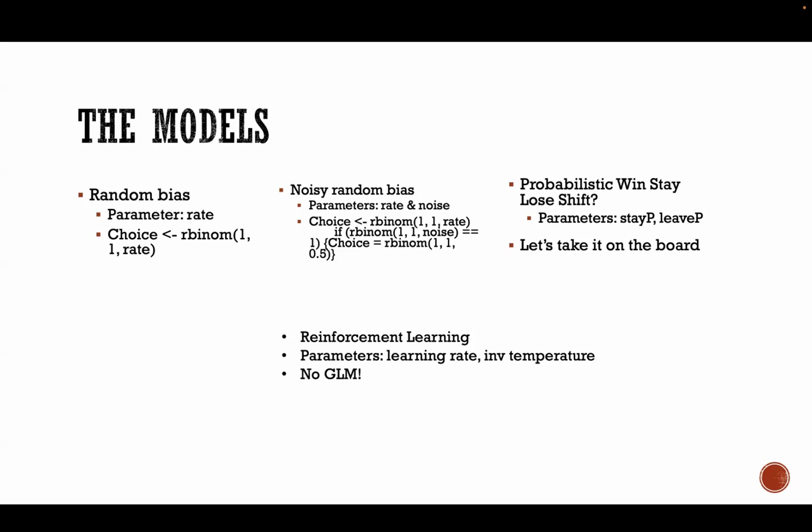But in reinforcement learning, we cannot have all the values that we need to calculate the parameters at once, because the value of the parameter, let's say the learning rate, will affect the expected value on a trial by trial basis, which means we cannot have all the expected values as a given in the matrices, which means that we need to calculate all the possible behavioral sequences given this specific learning rate and their log posterior probability.